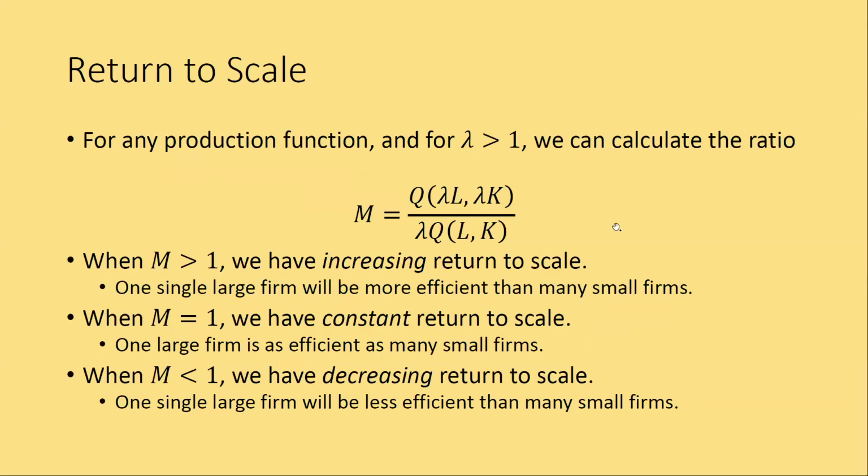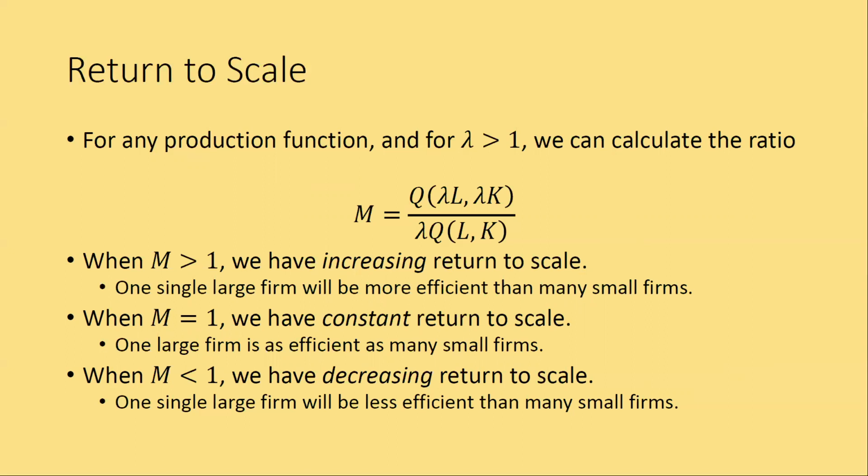And to define the return to scale more formally, for any given production function, we can find a parameter lambda that is larger than 1, and we can calculate the following ratio.